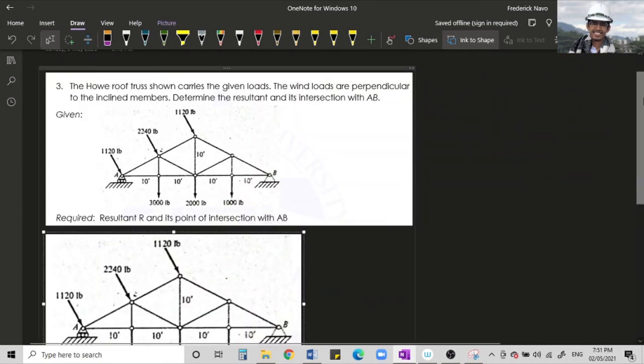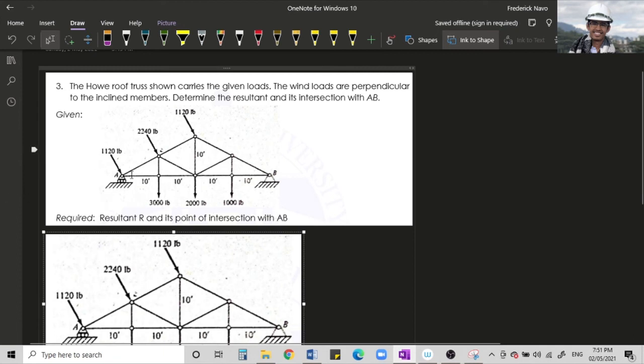Okay? We will go now sa ating last problem. So, the Howe truss shown carries the given loads. So, the wind loads are perpendicular to the inclined members. So, determine the resultant and its intersection with A and B. Okay? So, meron tayong truss dito and subjected siya sa loads, sa wind loads.